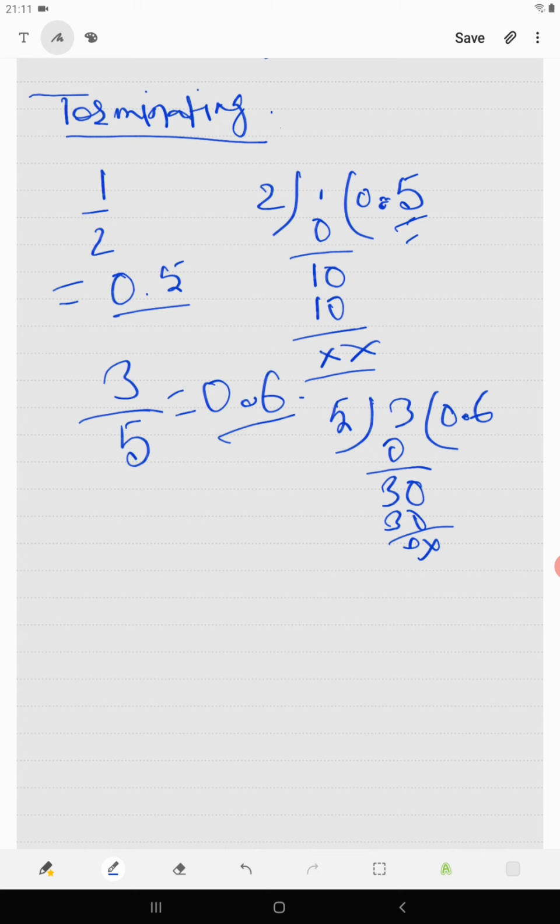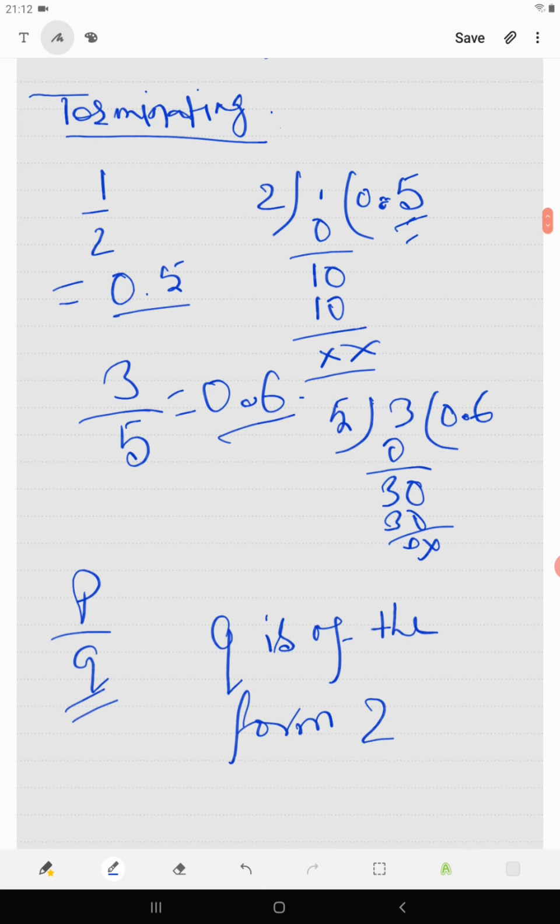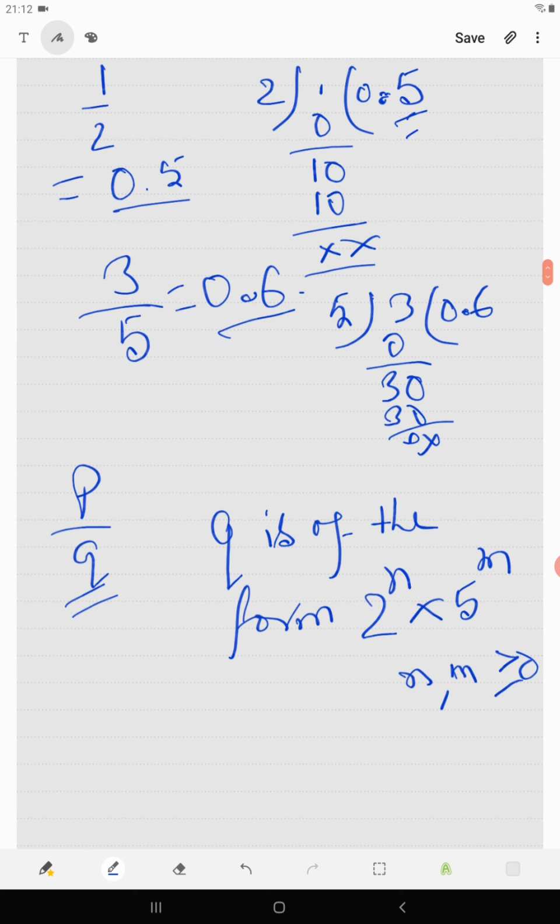So let's understand, if p by q, if q is of the form 2 to the power n into 5 to the power m, where n and m can be anything greater than or equal to 0. N and m can have the same value also and different values also. So n can be from 0 to infinity and m can be from 0 to infinity.